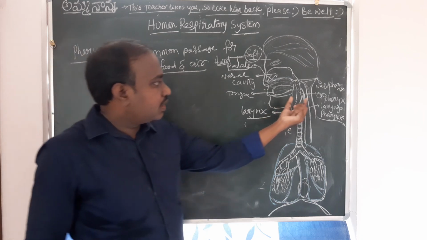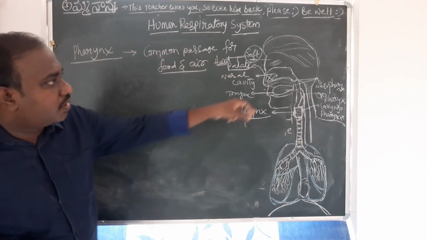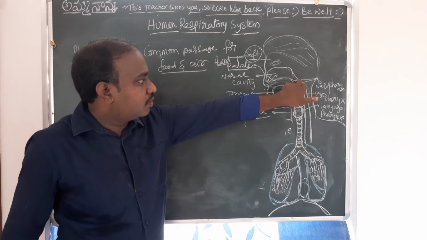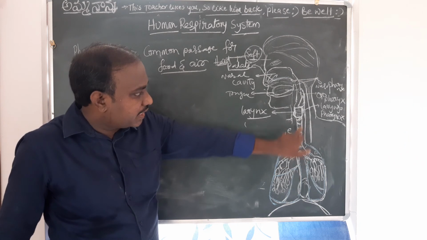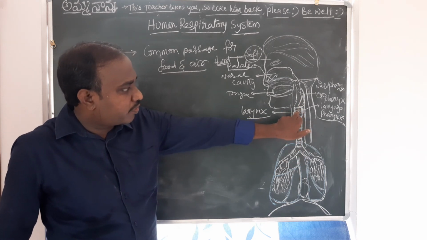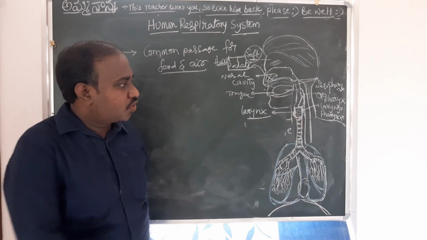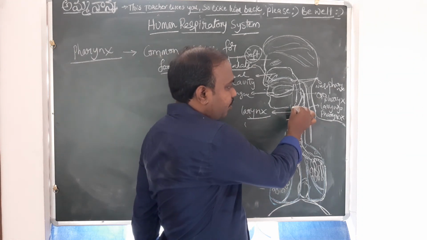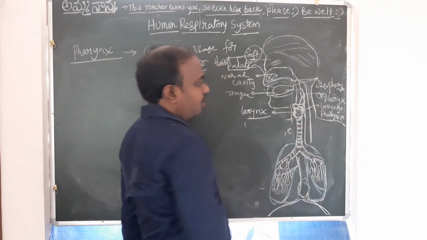And if you see, it is allowing the tubes to pass. The tubular system is coming down, and it is opening into the tracheal tube. You see, it opened into the larynx. On the larynx, we have one more structure called the glottis.